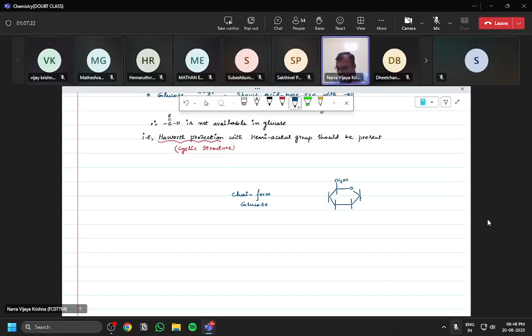This is the first carbon, a six carbon chain. On the first carbon, the OH group may be either below the plane or above the plane. Both are equally possible.